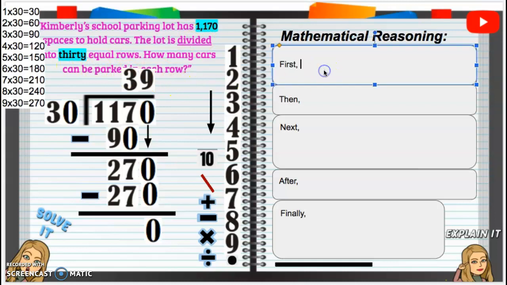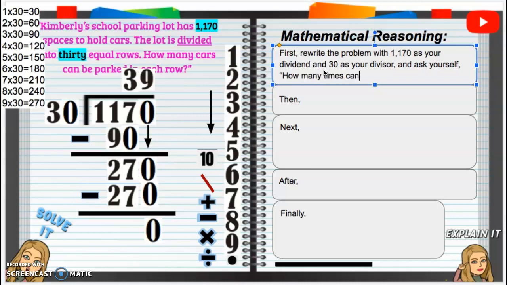So let's write about it. First, rewrite the problem with 1,170 as your dividend and 30 as your divisor. And ask yourself, how many times does 30 go into 117?